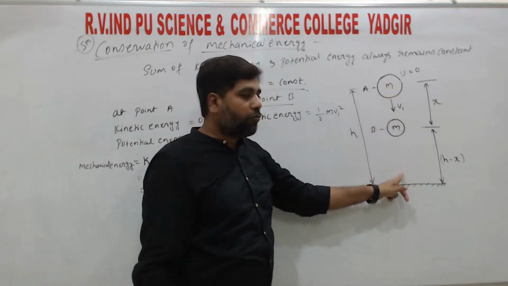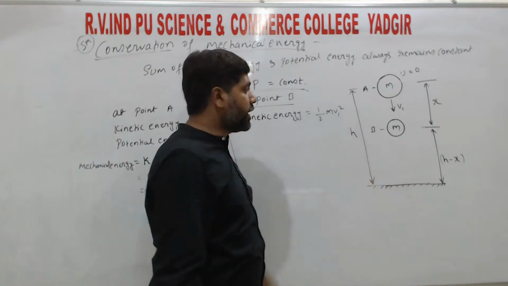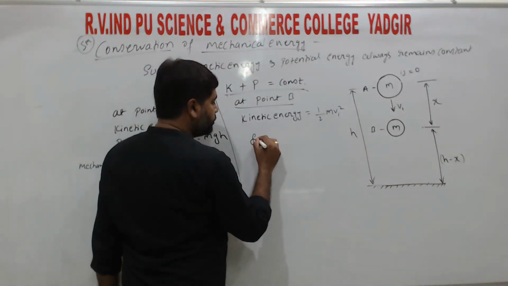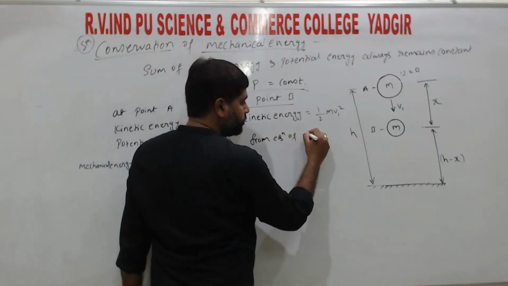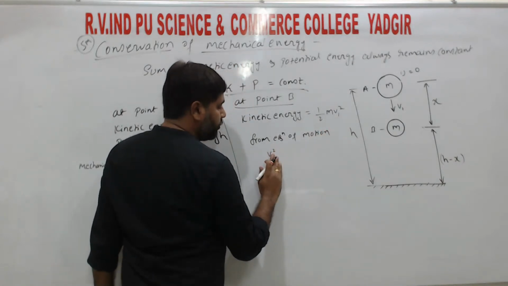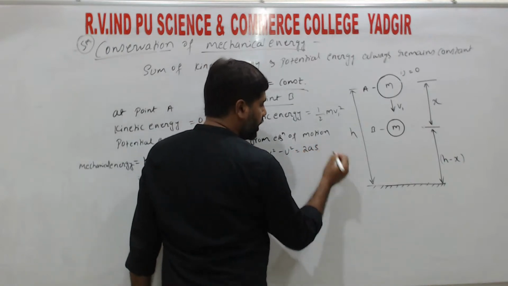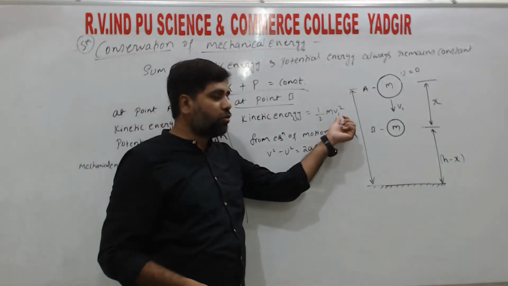Here, for vertically downward motion, from the equations of motion we can find the value of v1 square, right? From the equations of motion, v square minus u square equals 2as. Using this relation we are going to find the value of v1.